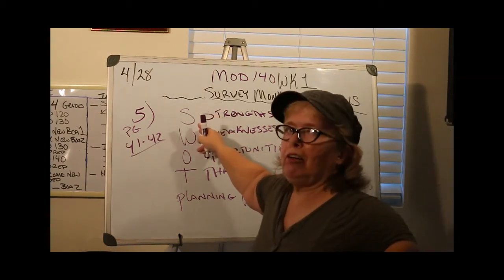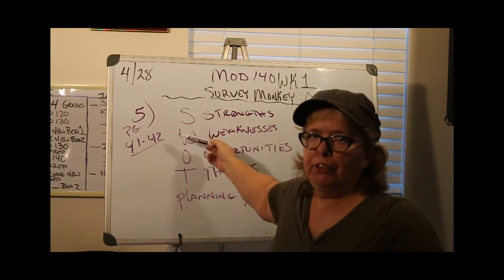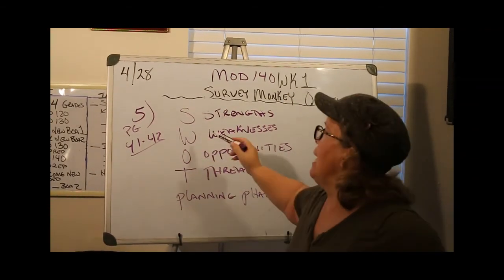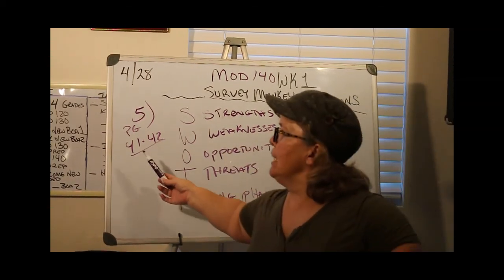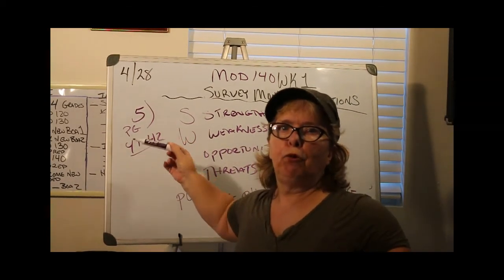And this is what the acronym is: the letters when they're put together. What do they mean? The acronym stands for strengths, weaknesses, opportunities, and threats. And again, it can be found on page 41 and 42.